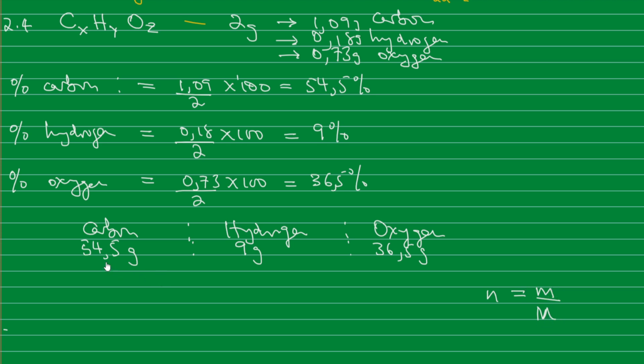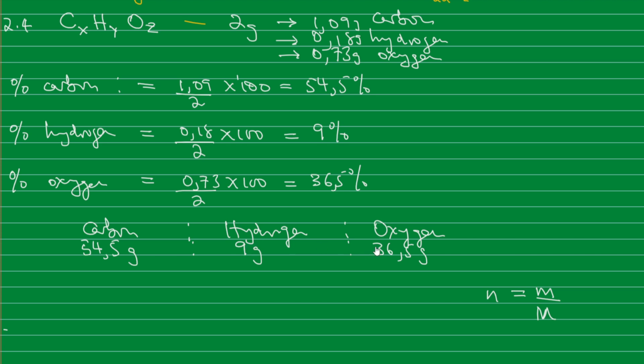So what we are going to do here is calculate the ratio of the moles. Now 54.5 is my mass, so I'm going to divide that by the molar mass of carbon, and then 9 is this one, and we do the rest.